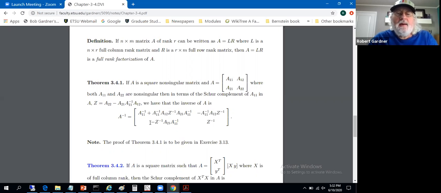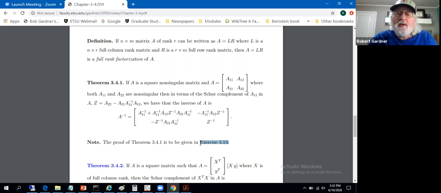It's got A11s, A12s, A21s, and Z's in it. So what's missing is the A22s. But remember, I know A22 as it relates to the others and it relates to Z, the Schur complement. So anyhow, we've simply claimed that we can write the inverse of matrix A in this form.